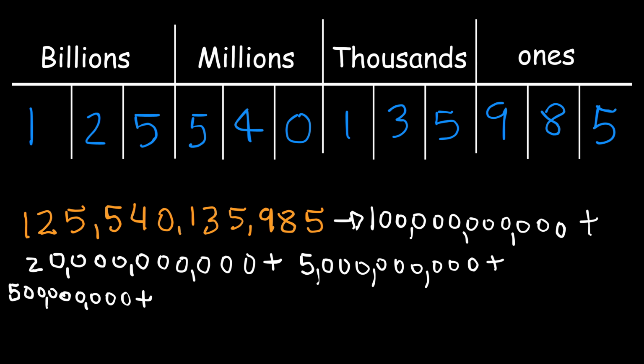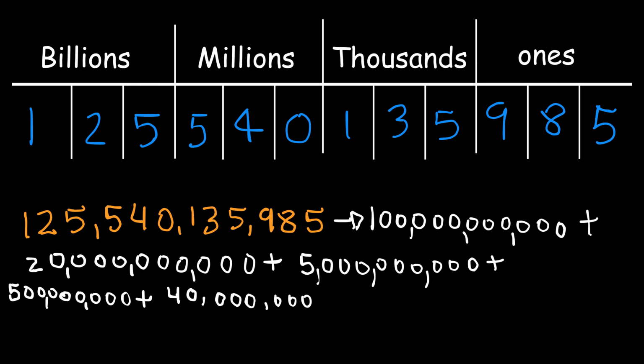So if we move to the right, 1, 2, 3, 4, 5, 6, 7, followed by 7 zeros, we put a comma after every three digits, and this is 40 million.